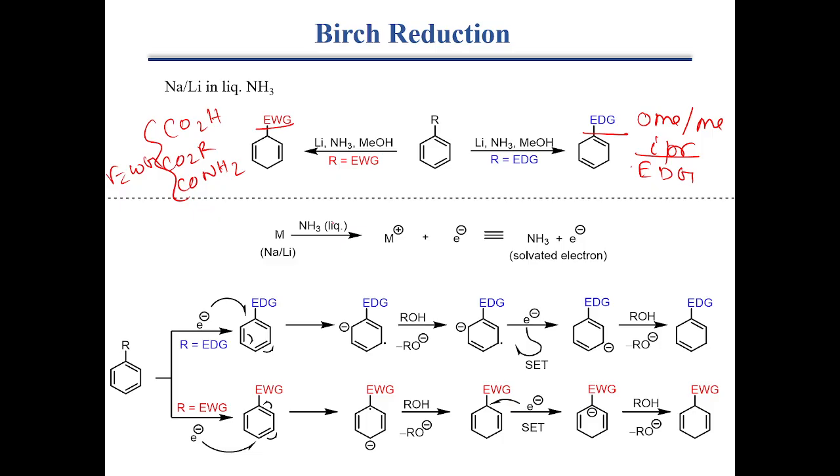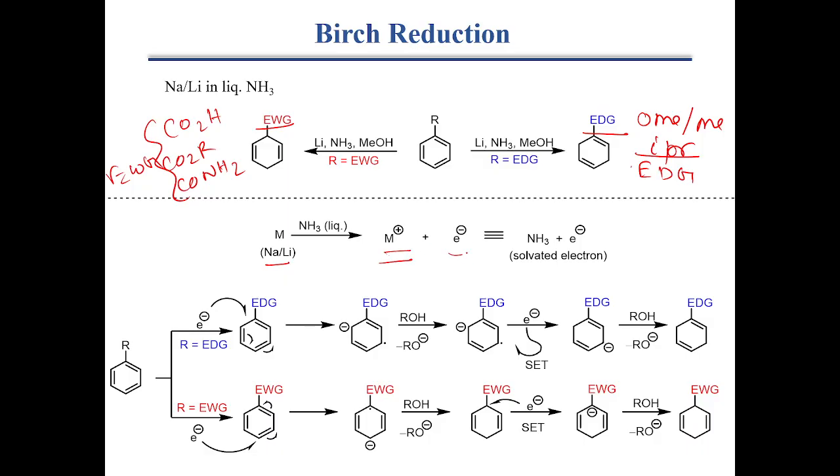condition. So this can be explained from the mechanistic viewpoint. What happens in the Birch reduction condition is that first any kind of metal such as sodium and lithium in liquid ammonia condition. We all know that a metal can donate its single electron and form the metal ion.